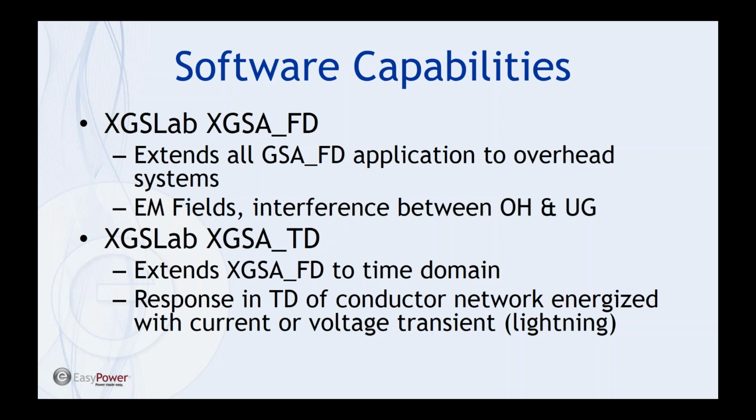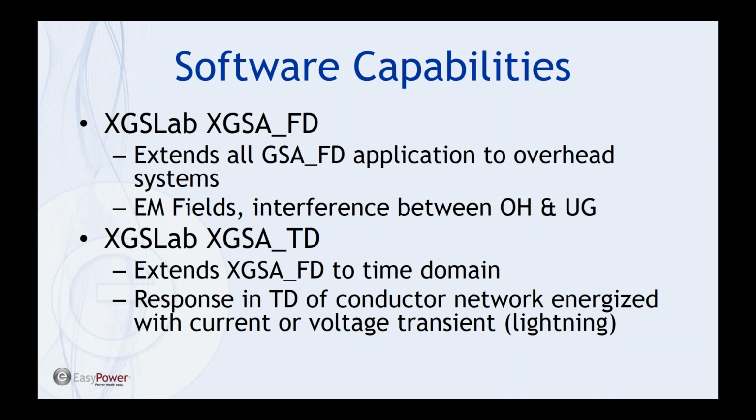And then finally, the next step, the top of the line, which you only need to use sometimes, is the XGSA-TD. This is just taking everything that's developed in every other module into the time domain. The useful application of this is to look at the response in the time domain of your conductor network when it's energized with a current or a voltage transient.